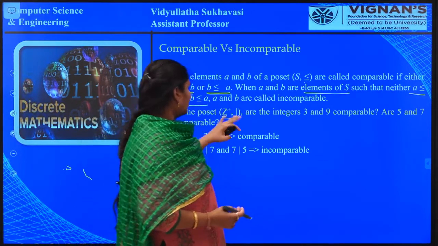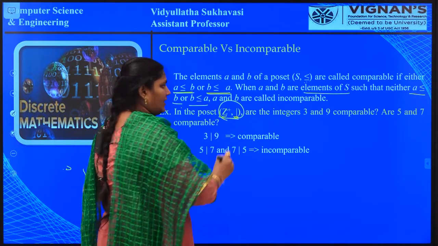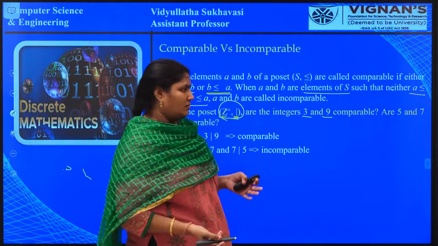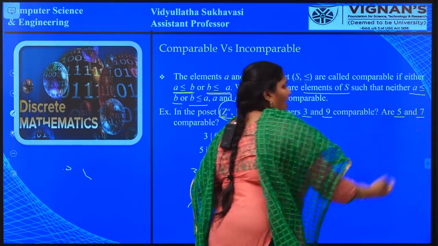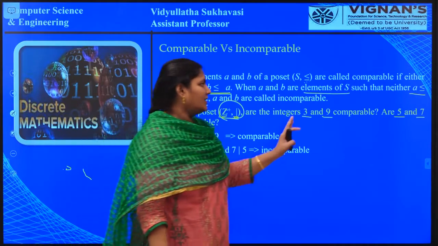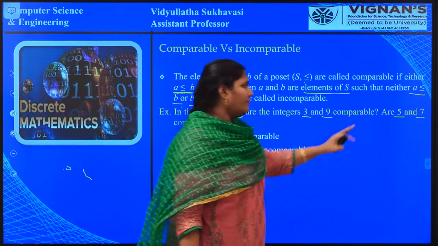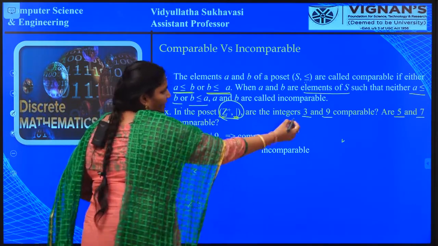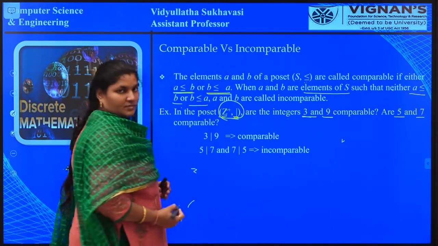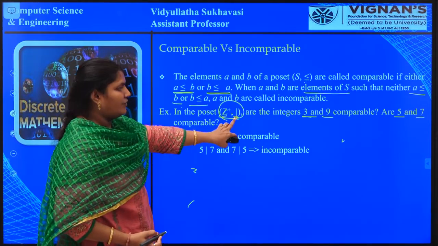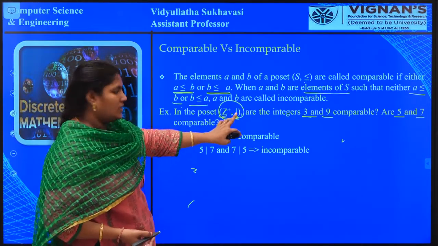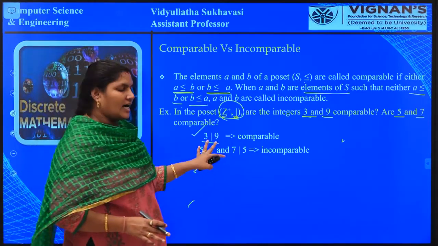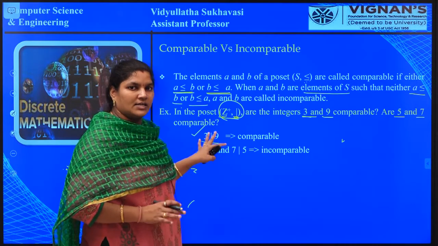We need to check for this poset whether the integers 3 and 9 are comparable, and whether 5 and 7 are comparable. First we take 3 and 9. What operation do we need to perform here? The divides operation. 3 divides 9, so since the condition is satisfied, 3 and 9 are comparable.